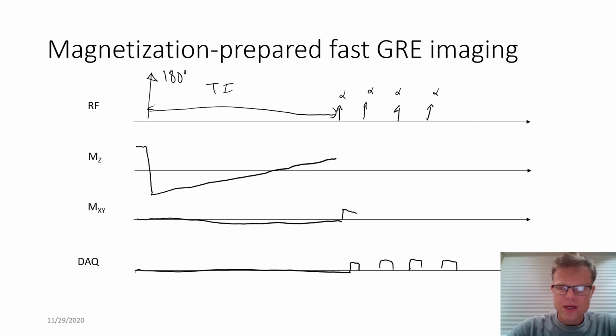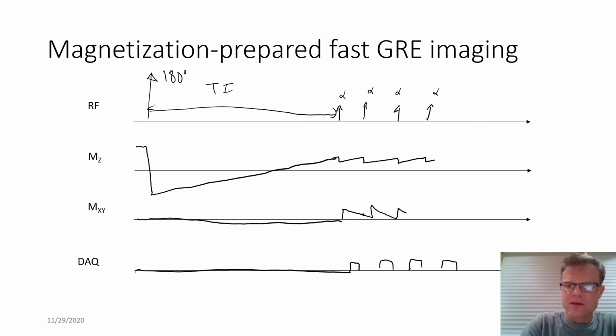So usually we're approximating it with the same relationship for TI and TR, but in reality the behavior of the magnetization is a little more complicated. We're going to have some small tips, and maybe a slightly different signal.